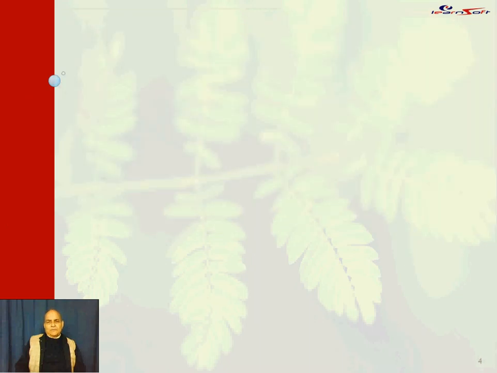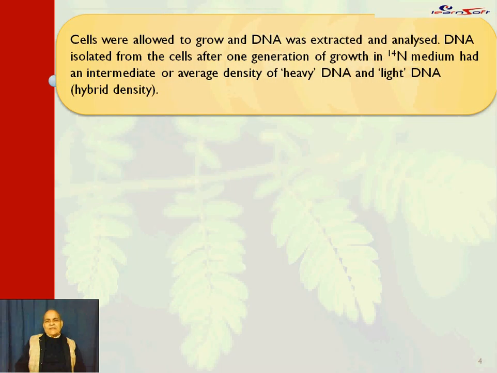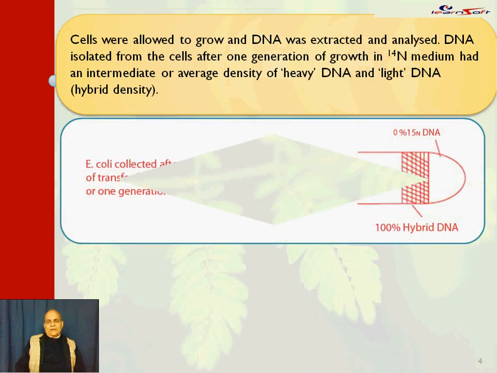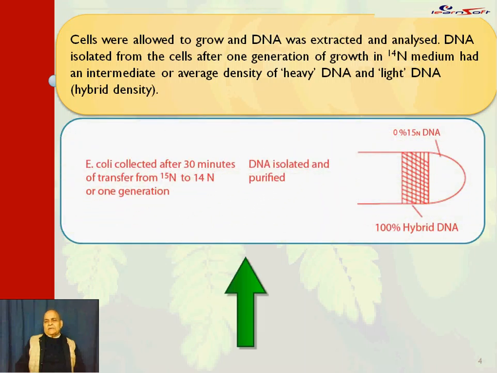After that, cells were allowed to grow and DNA was extracted and analyzed, isolated from the cell after one generation. That is, when you transferred from 15N to 14N and kept it for about 30 minutes, and after that isolated the DNA and observed it, it was observed that 100% DNA was hybrid DNA.